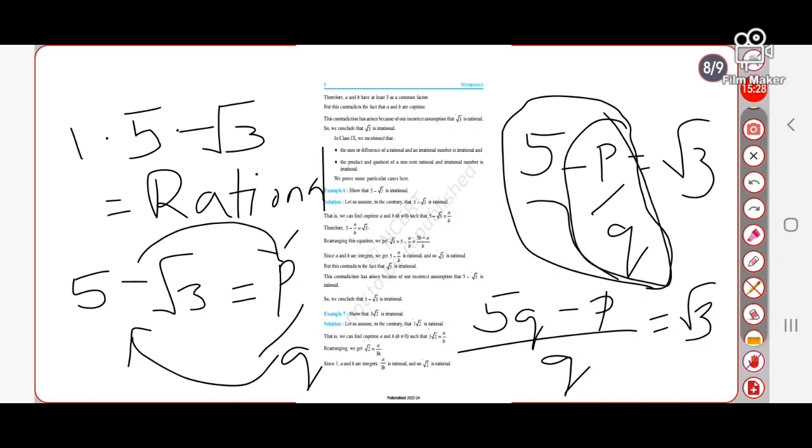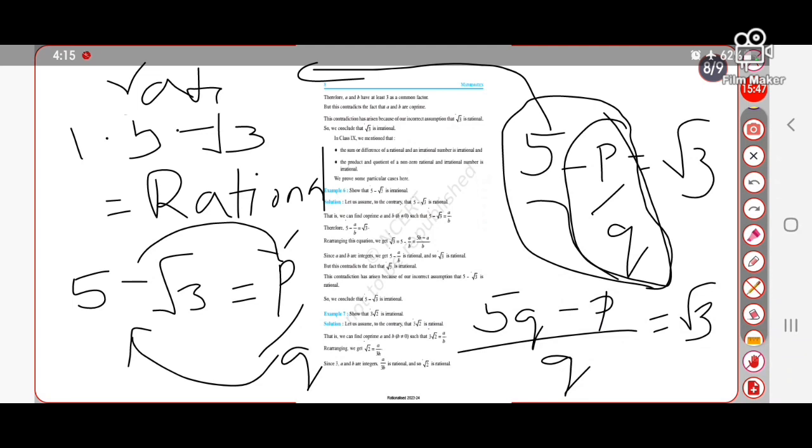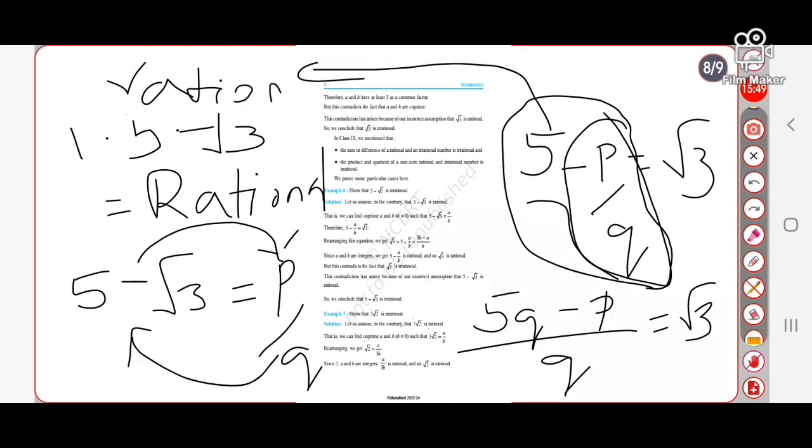So what we know is that 5 minus p by q is rational because it is in the form of p by q. It is rational as we assumed before too, right? The same thing, it is rational.